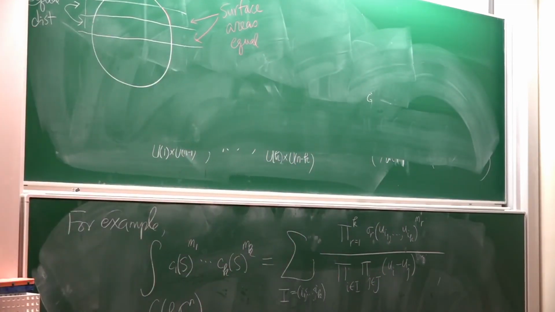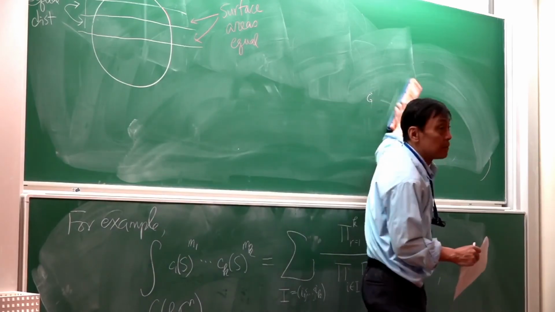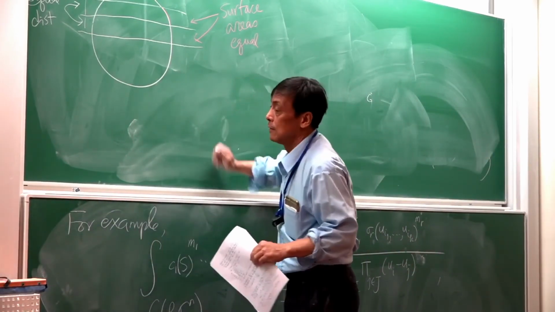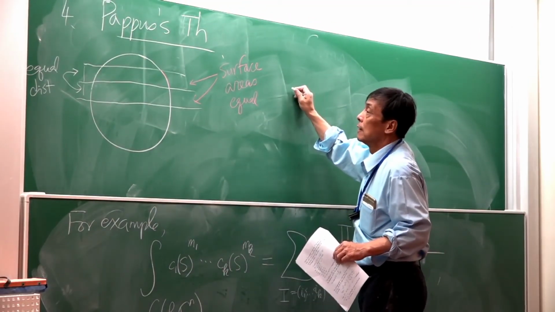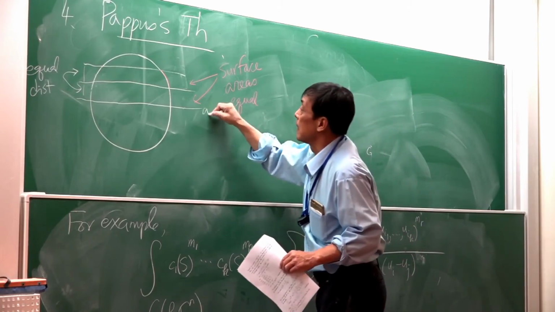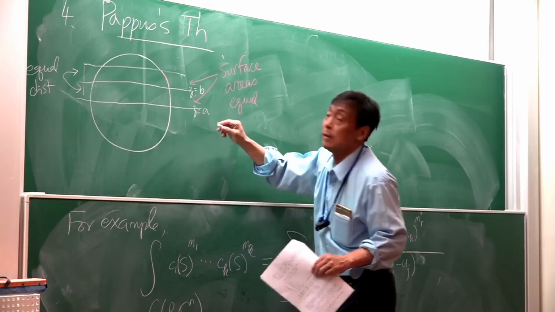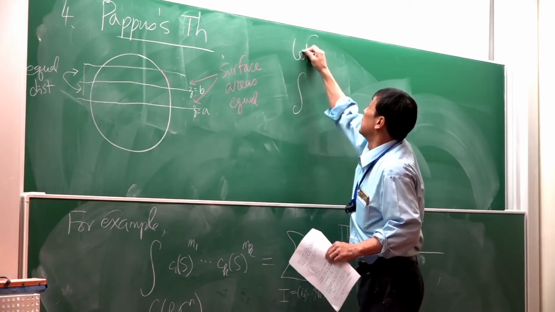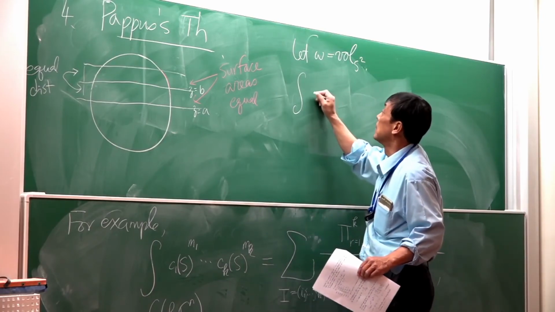Of course, you can prove Pappus's theorem using calculus by computing the surface area. But you can also use equivariant cohomology. Let's say this is A, this is B, Z equals A, Z equals B. Let omega be the volume form of the sphere.